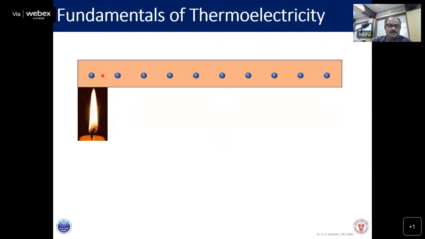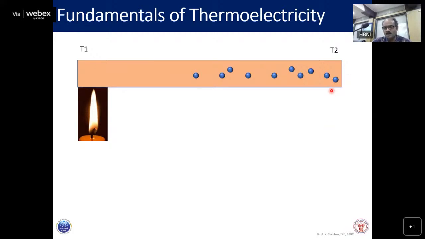Because they have got some energy, they can try to move towards this side. Suppose over a period of time, a temperature gradient is developed. Here the temperature is T1, here the temperature is T2. Because of this thermal energy, the electrons will move from one side to the other.